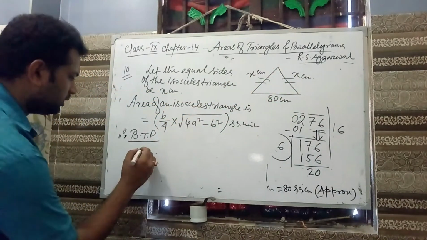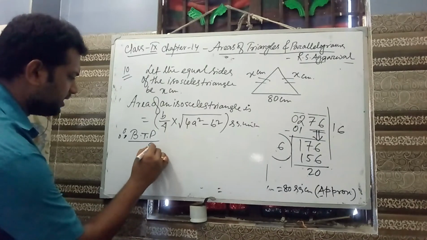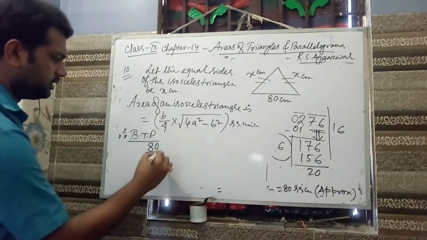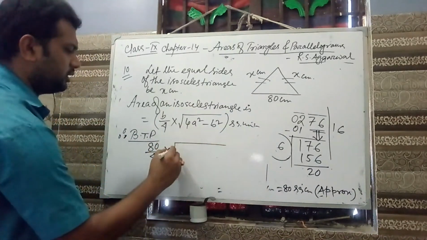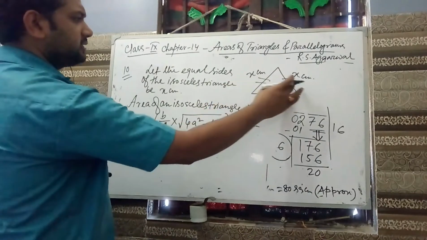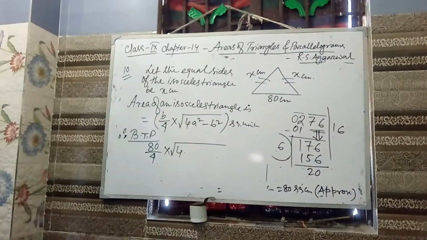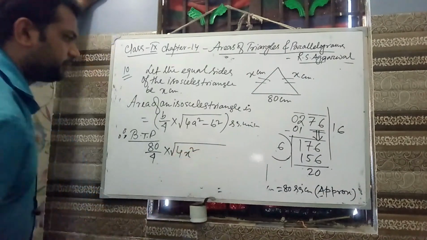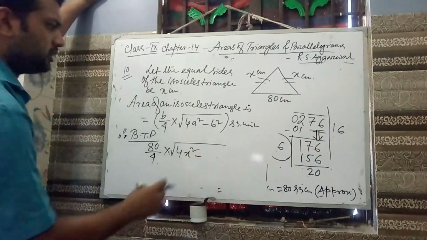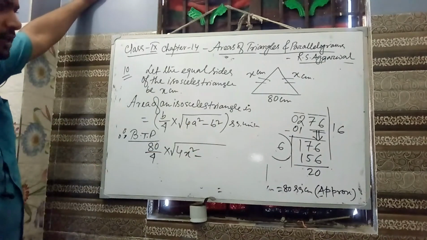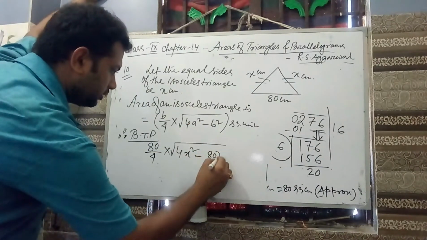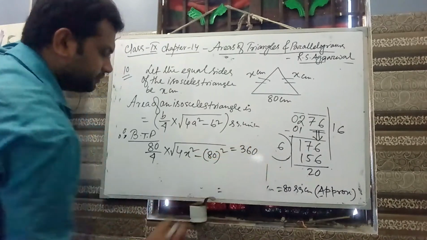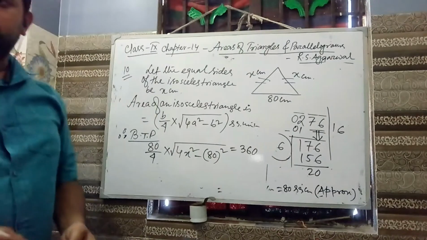So therefore by the problem, 80 by 4, because b, the base, is 80, into root over 4 into x square minus 80 square, equal to 360. Any doubt, anyone?